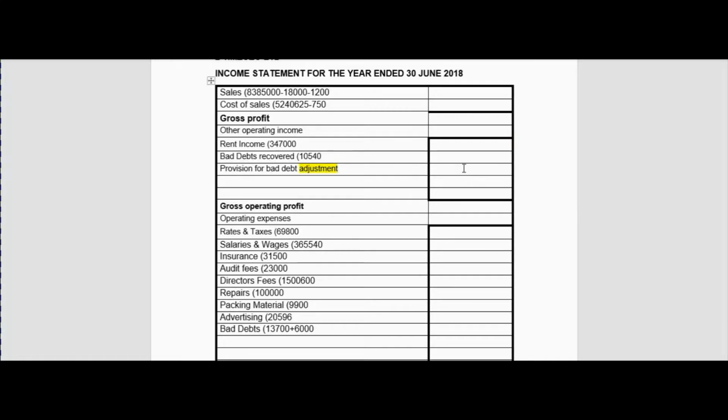Not only will it be marked wrong, but it will be considered a foreign entry, in other words, an entry that does not belong here, and you will get a -1 for it. Important with the financial statements, the income statement, balance sheet, and cash flow: any incorrect entry or any entry that should not be there will not only be wrong, but also negative. So be careful what you put in there.